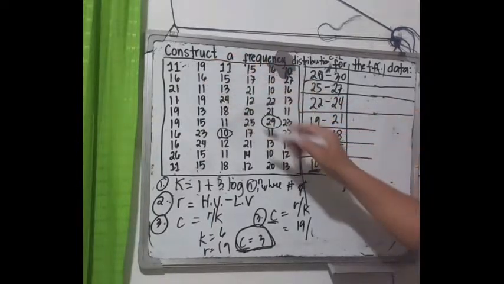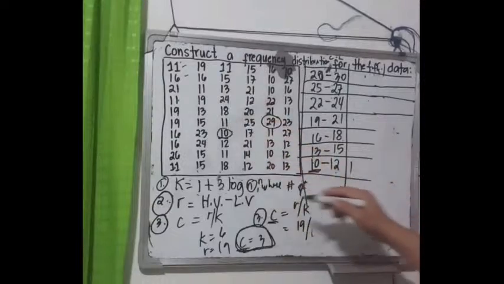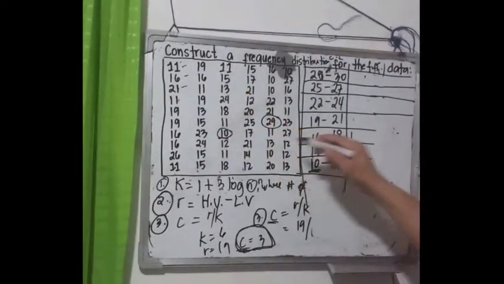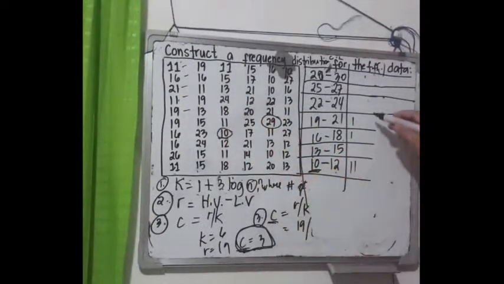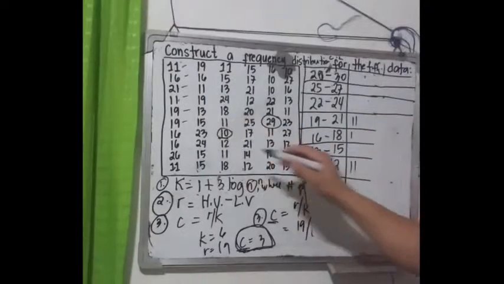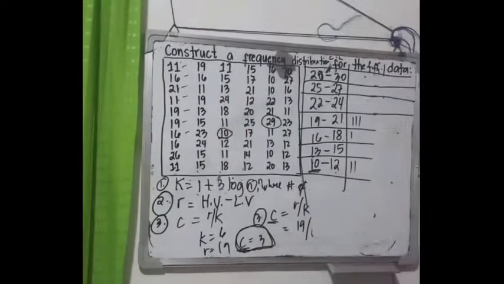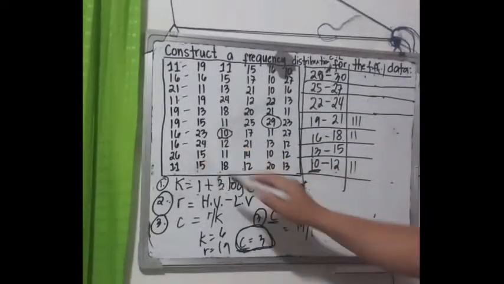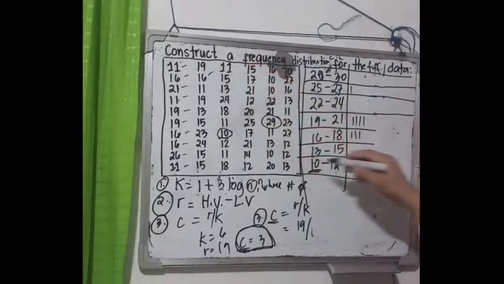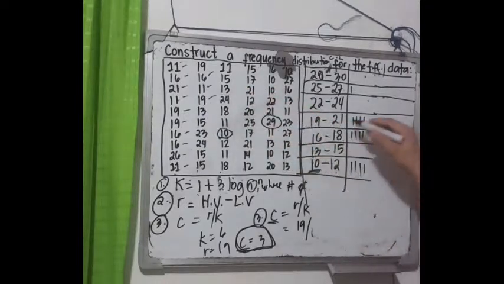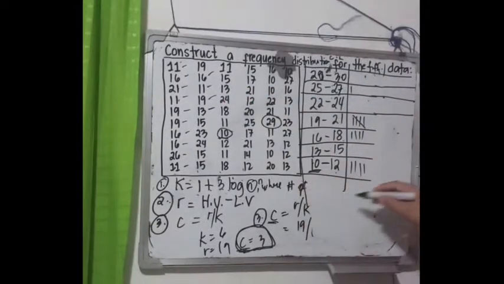So this 11 belongs to 10 to 12, 16 belongs here, 21 this one, 11 here, 19 this one, 19 here again, next 16 here, 16 here again, 26 here, 11 belongs here, 19 this one, next 16 here, 11 here, 19 here, 13.